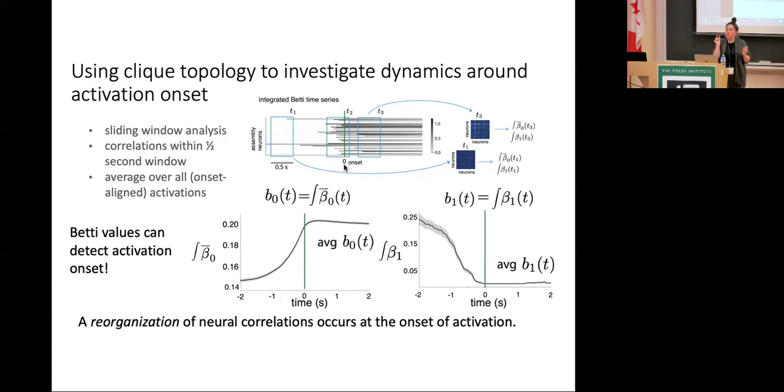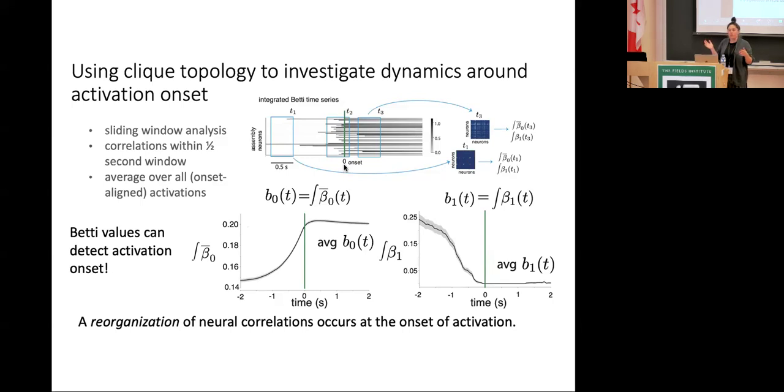The half a second window, we actually did play with that, and we showed that this analysis was pretty robust to choice in window size. We looked at bigger windows and smaller windows, and this half a second window was really just to give us enough fidelity. If the window's too big, you can't slide past the onset until you're far away, and then you might not actually be in the activation any longer.